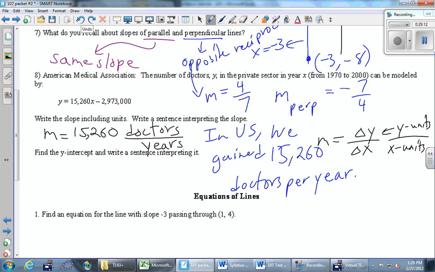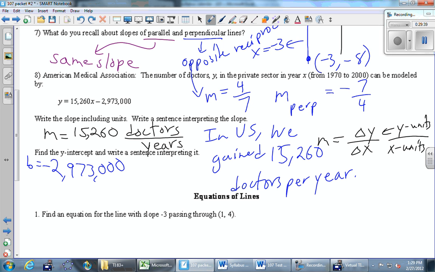Okay, the y-intercept oftentimes has a good interpretation as well. What is the y-intercept in this problem? Okay, so that is the y-intercept. It does not make sense in this case. But let's at least write down a sentence that doesn't make sense.